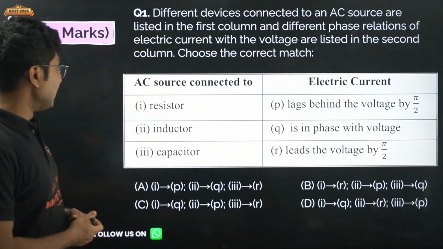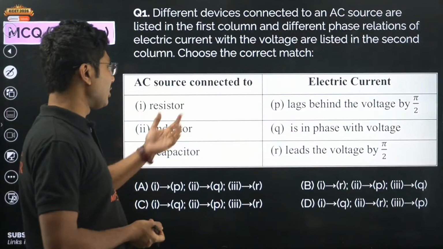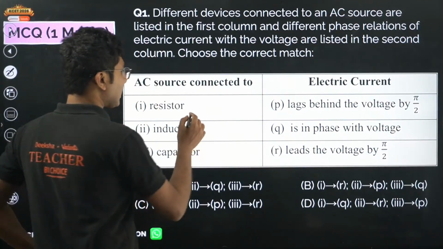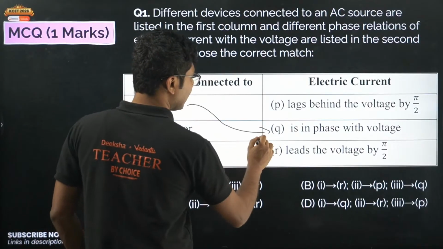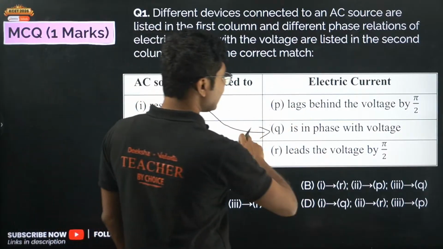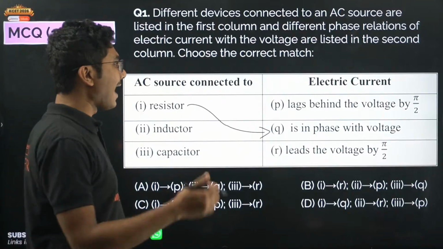Now let's see, resistor. What is the property of resistor? If only a resistor is connected to an AC source, the current is always in phase with the voltage, right? So for resistor, current is always in phase with the voltage. In case of inductor, current lags behind.